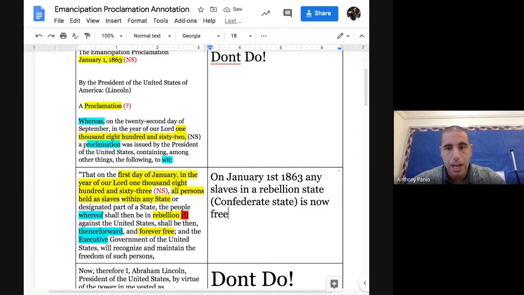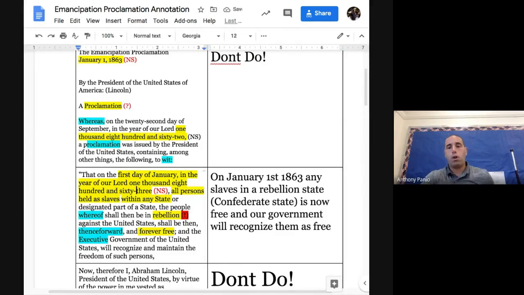Then it finishes: and the executive government of the United States will recognize and maintain the freedom of such persons. Our executive government is basically our president and our federal government, and our government will recognize them as free.